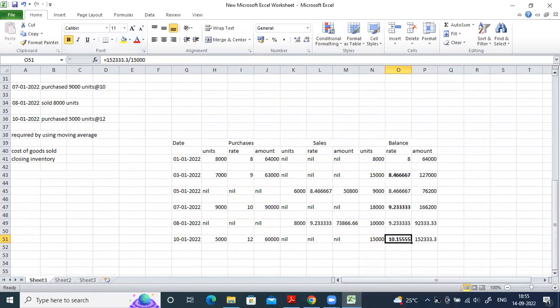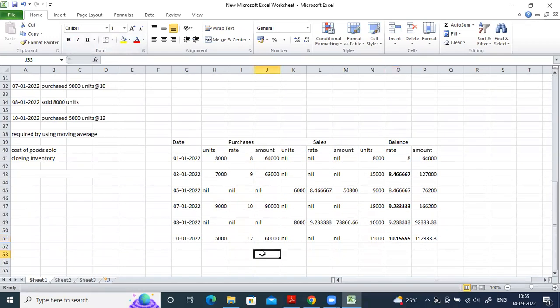Now the requirement is cost of goods sold, very important. We sold goods on 5th January and we also sold goods on 8th January, right?